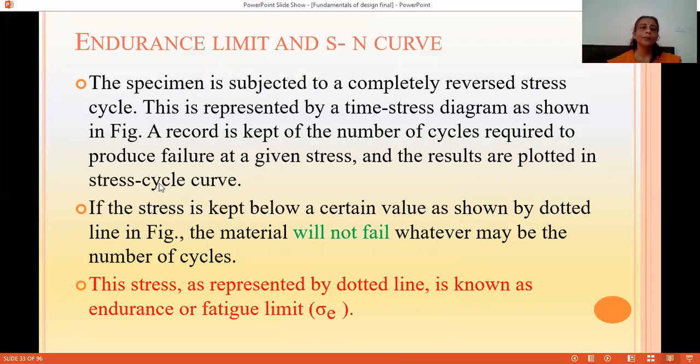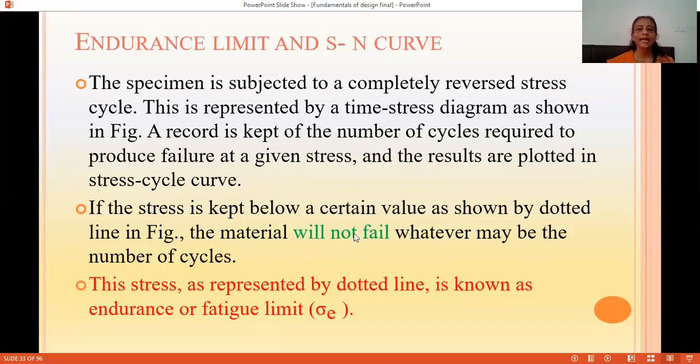So that component will be tested, and the record of the number of cycles required to produce a failure at a given stress, those values of various stresses will be plotted, and that graph will become the stress cycle curve, also known as the time stress diagram.